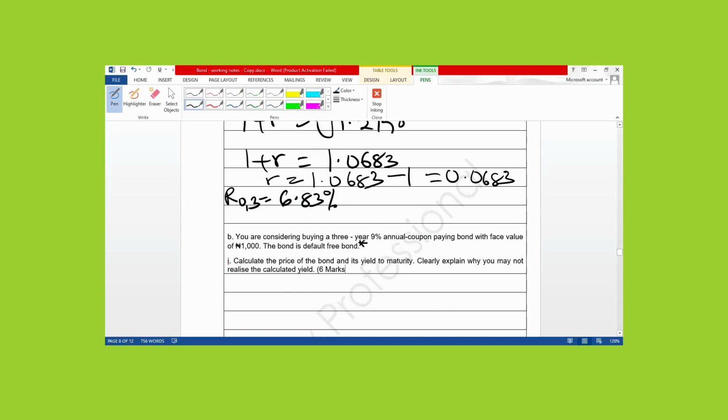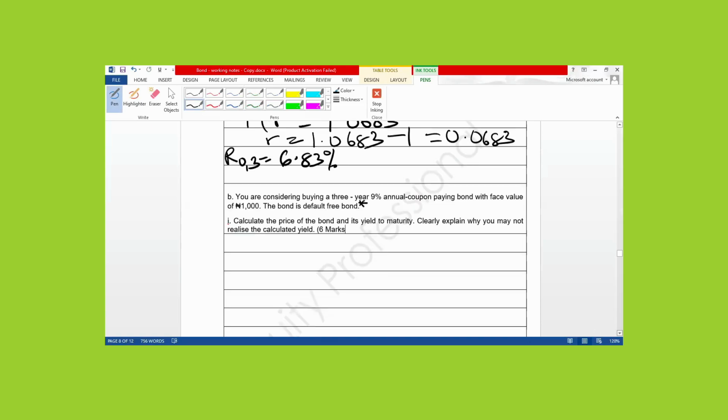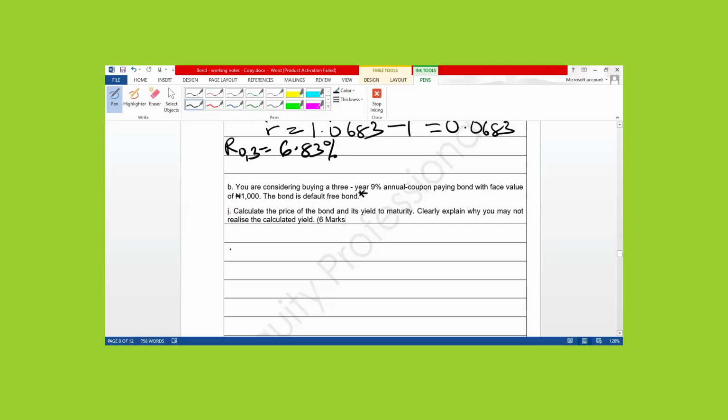So I need to get the future interest payments.